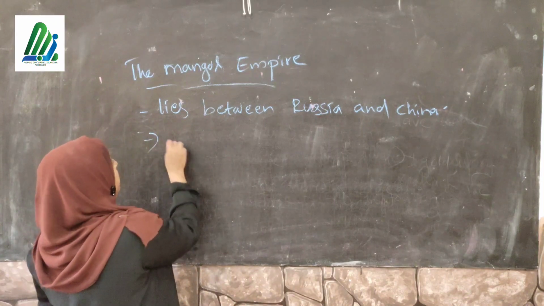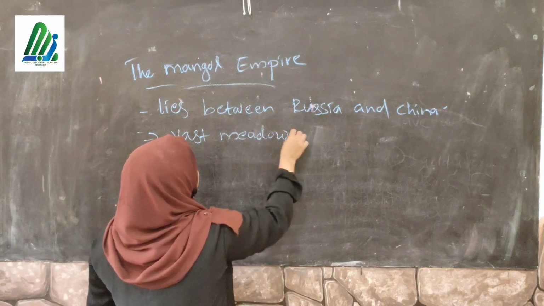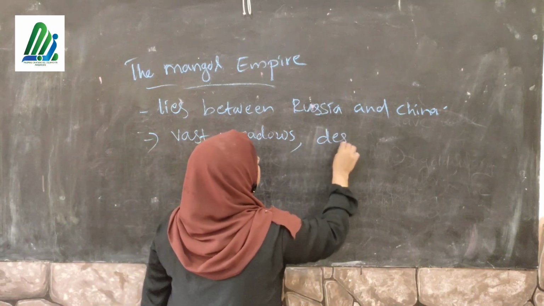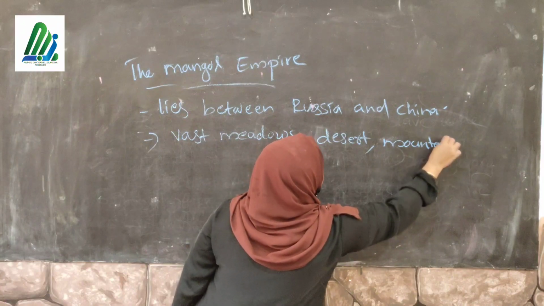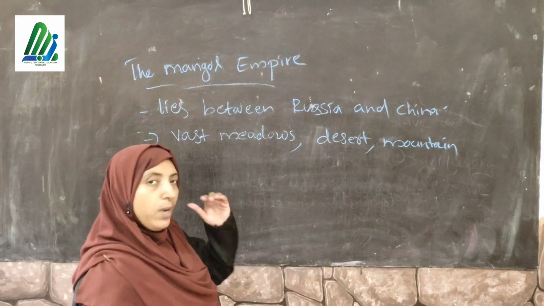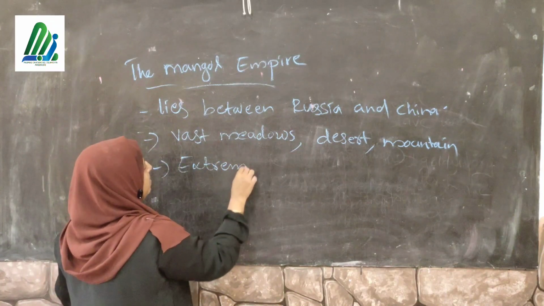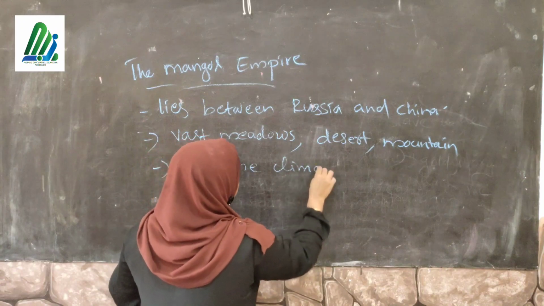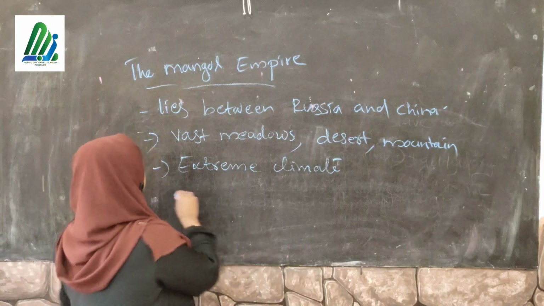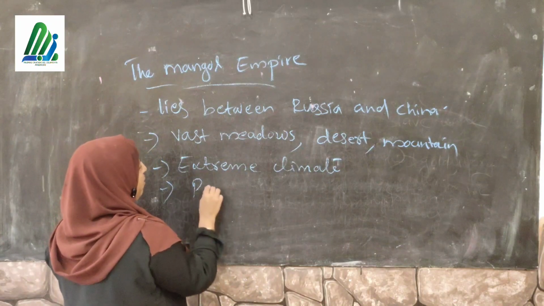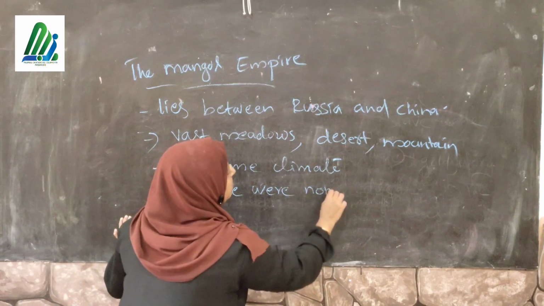We can write vast meadows, then desert, then mountain. The next one is climate, that is extreme climate. Then another important point, people were nomads.